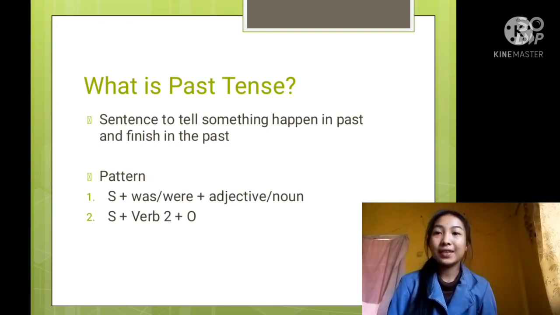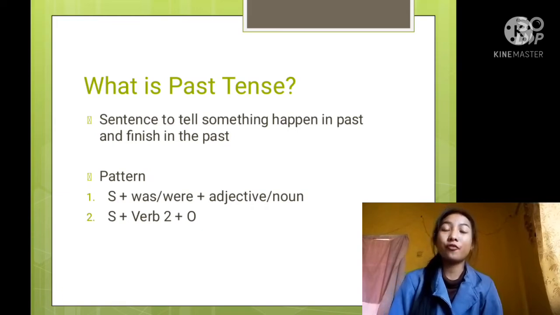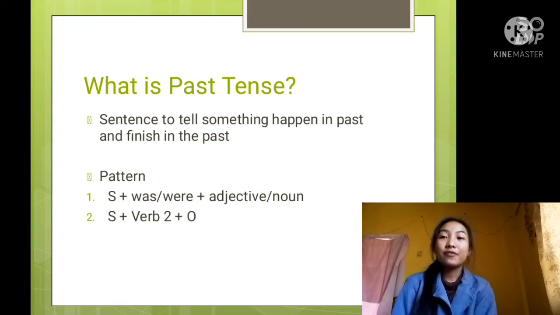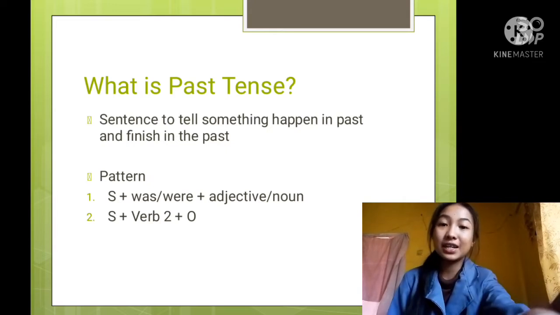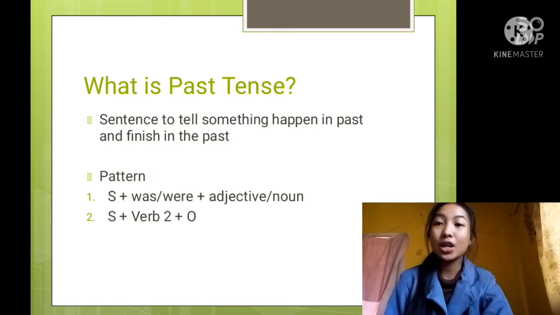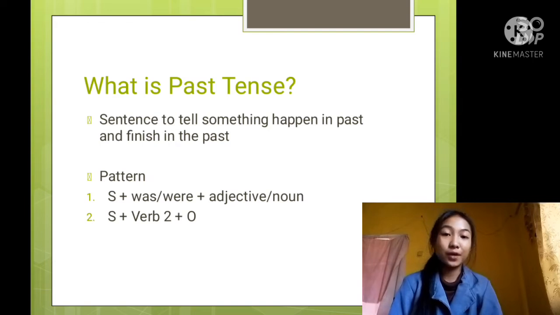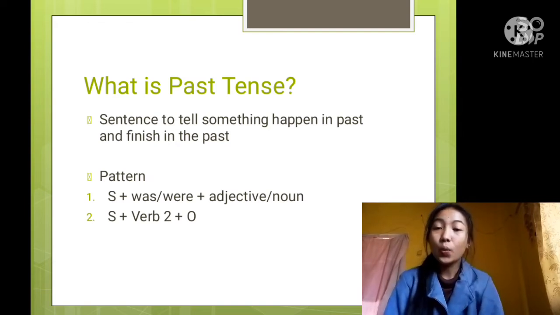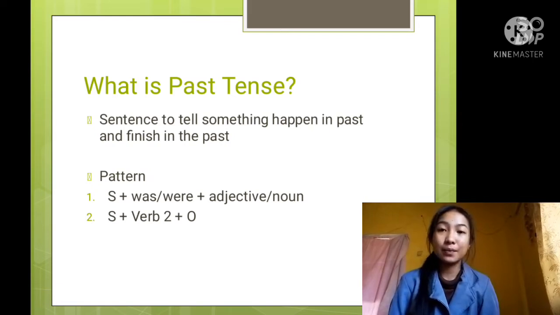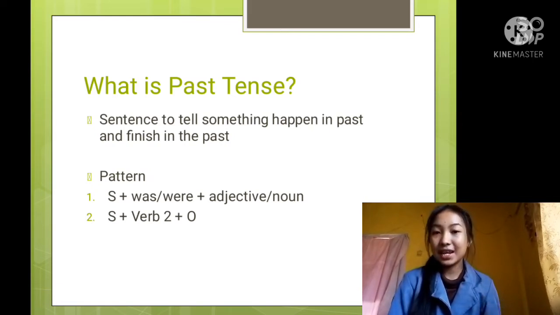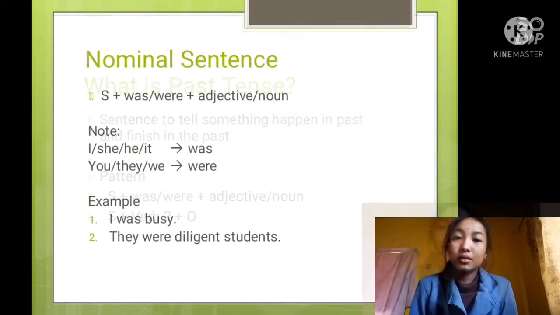There are two patterns of past tense here. First, subject plus was or were plus adjective or noun. And second, subject plus verb 2 plus object. What are the differences between the first pattern and the second pattern? We will see in the next session.